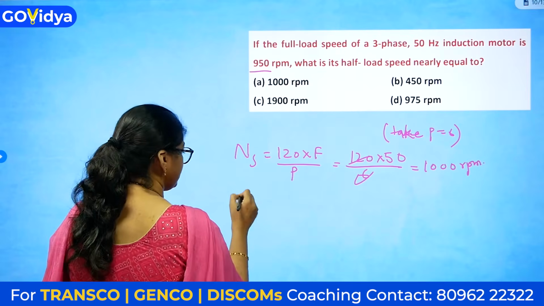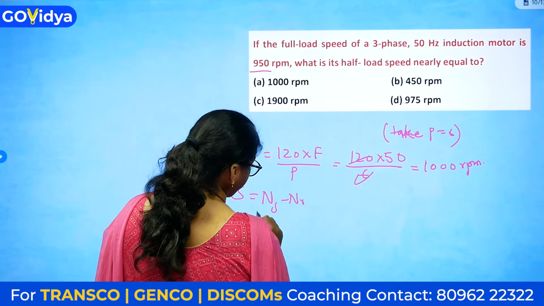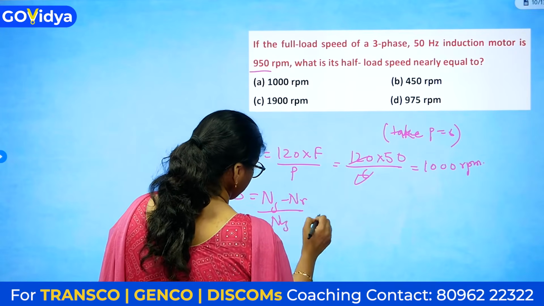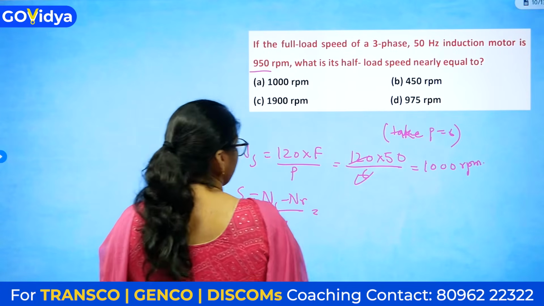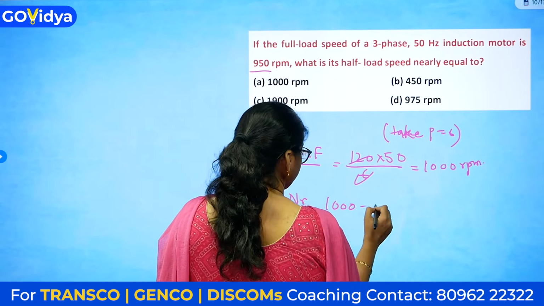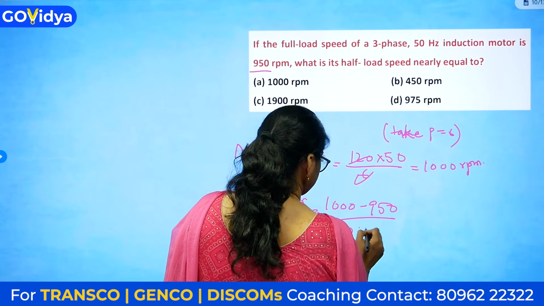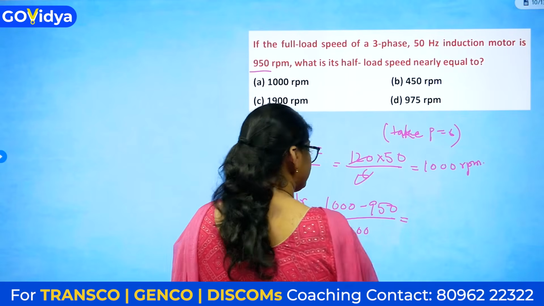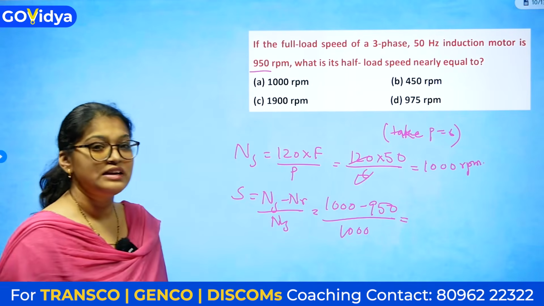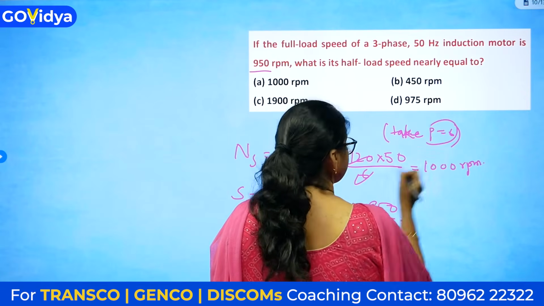So now calculate the slip. S is equal to NS minus NR by NS. We can take an assumption, no problem in that. So NS is 1000 rpm minus NR is 950 rpm, by NS. Because in an induction machine, NR will never be equal to NS, it will be nearly equal to NS. That's why I have taken P is equal to 6.